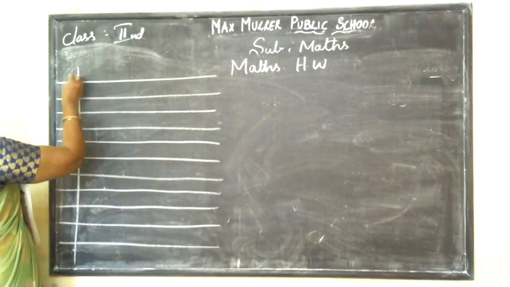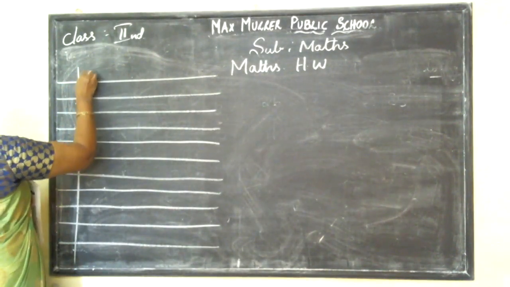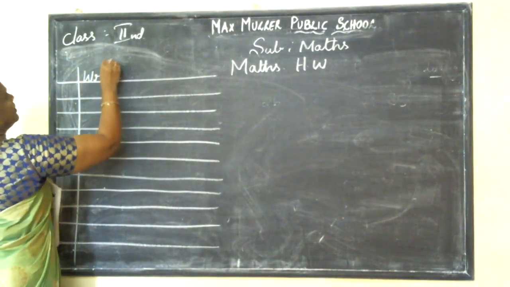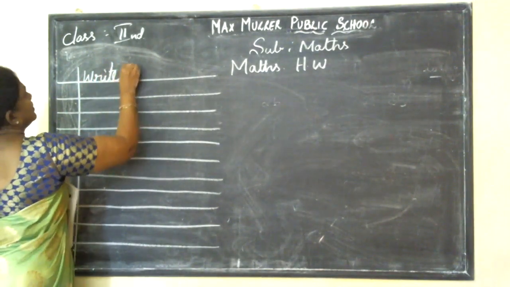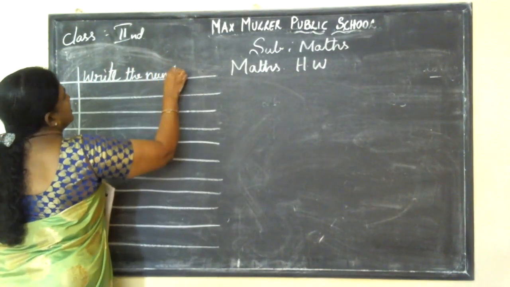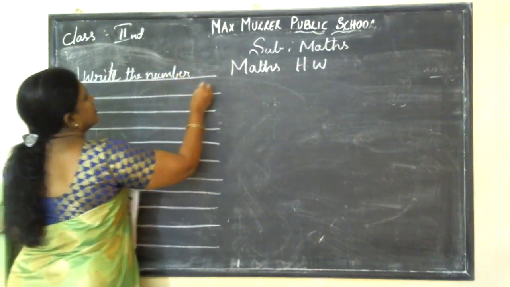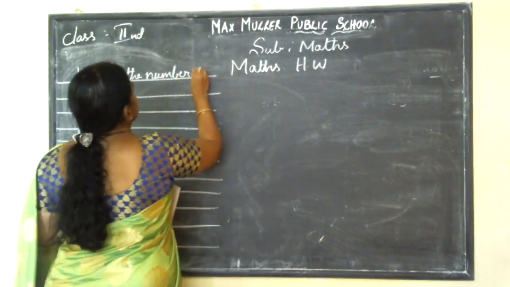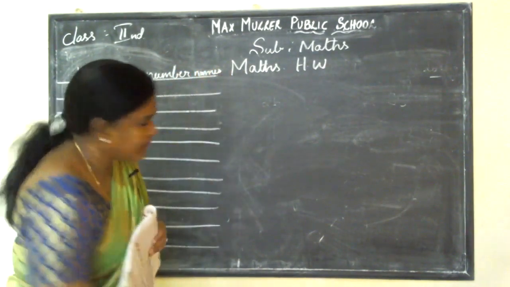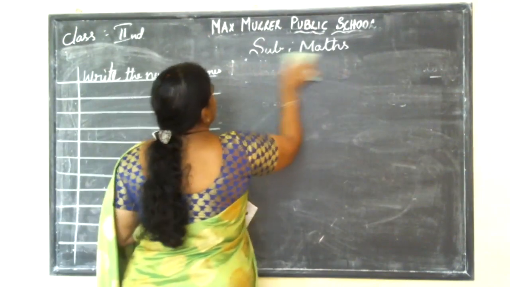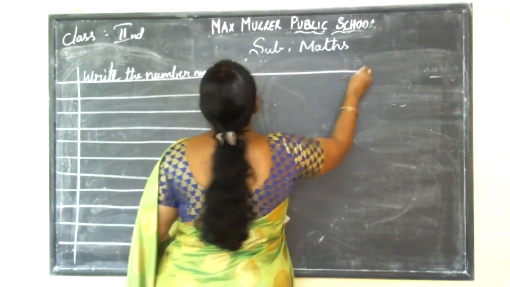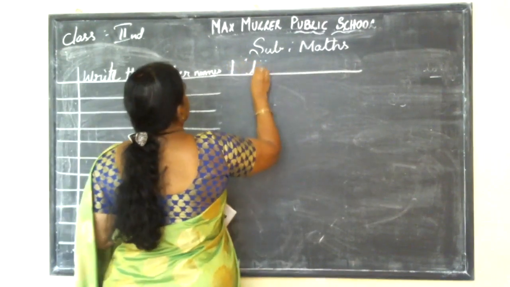See, here you want to write the heading: number names 1 to 20.